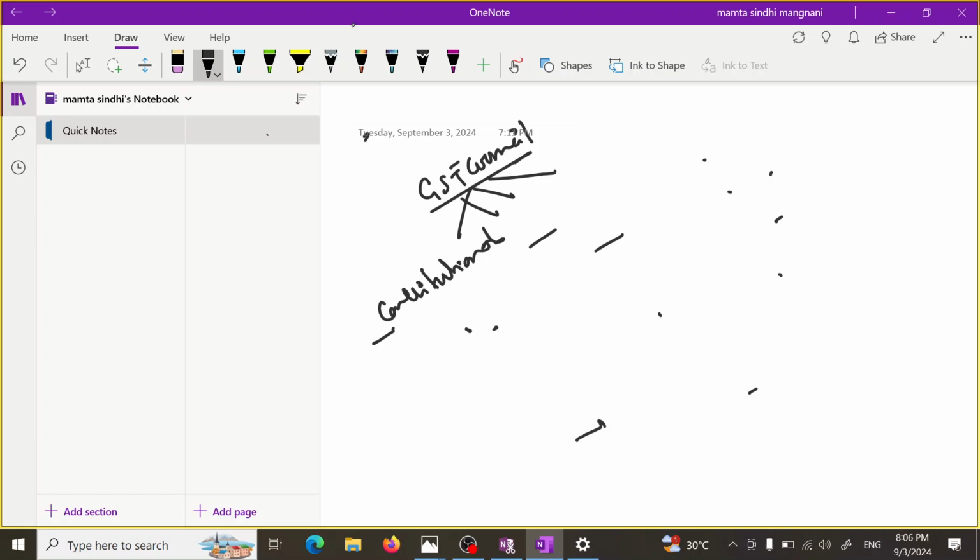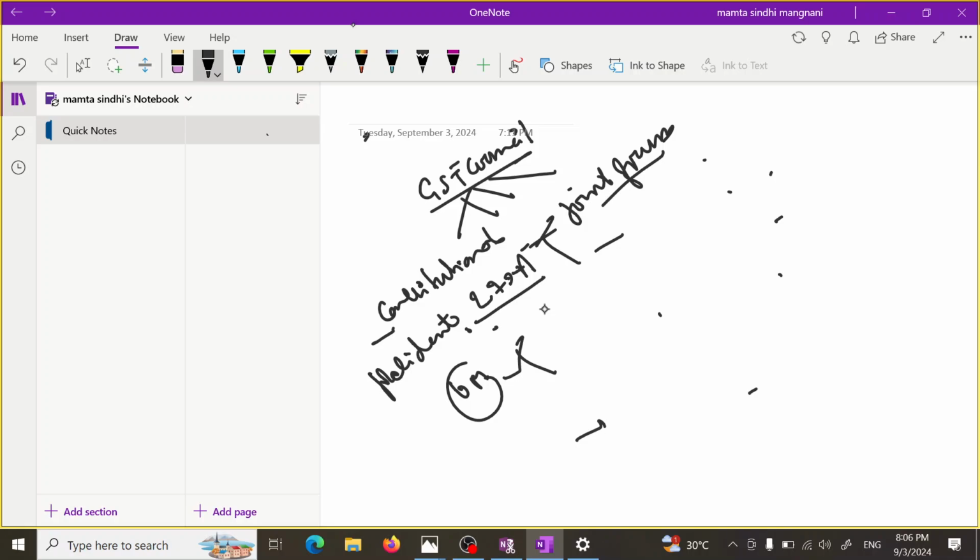It is a joint forum of the Centre and the states: the Union Minister in charge of finance and revenue, and the State Ministers in charge of finance. Decision making also happens in this council.